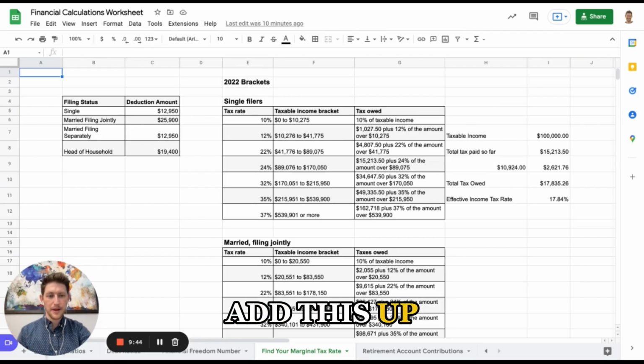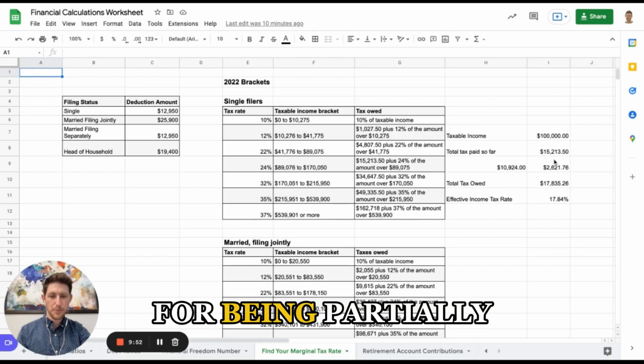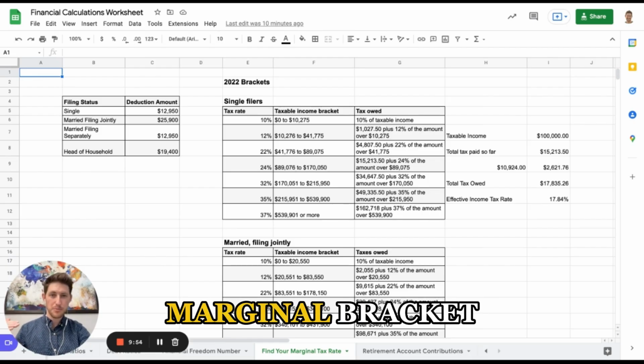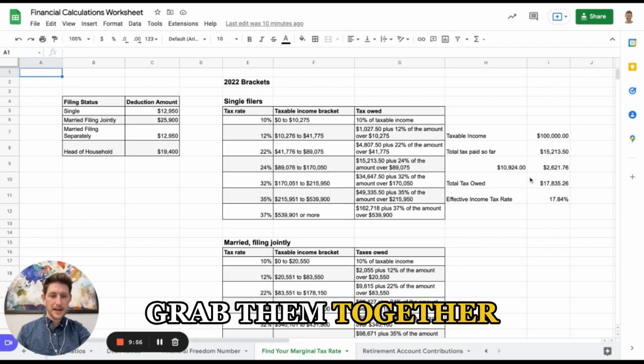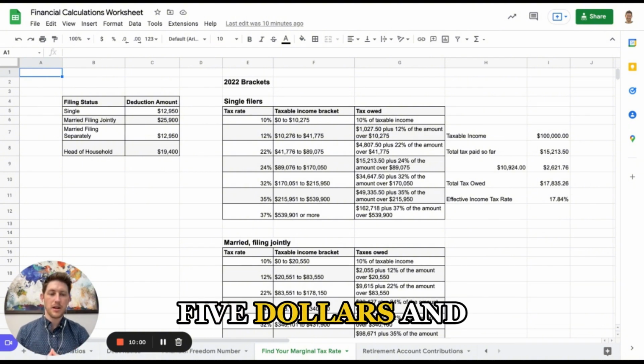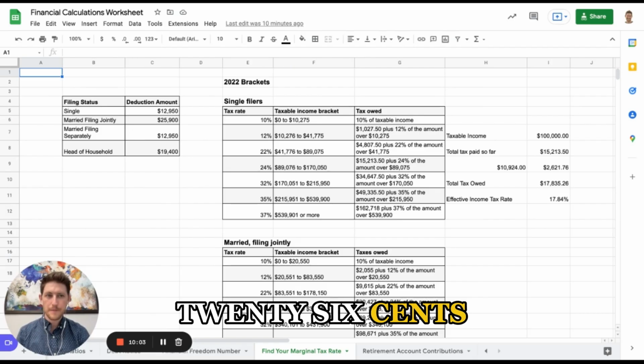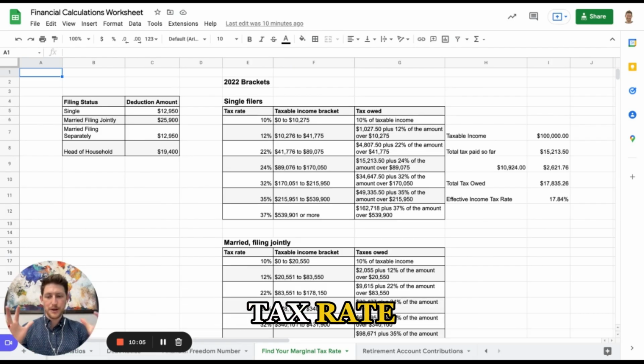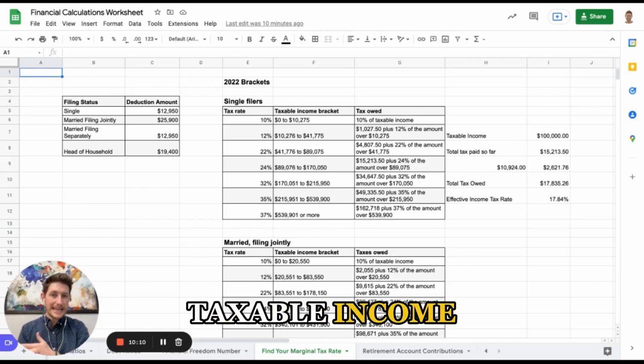So we're going to add this up. Total tax up to that point was $15,213.50. We're going to add that to the number we got for being partially in the 24% marginal bracket. We add them together, and the total tax owed is $17,835.26.